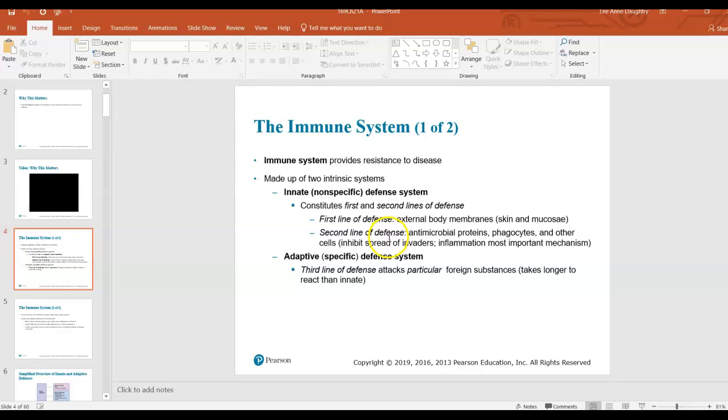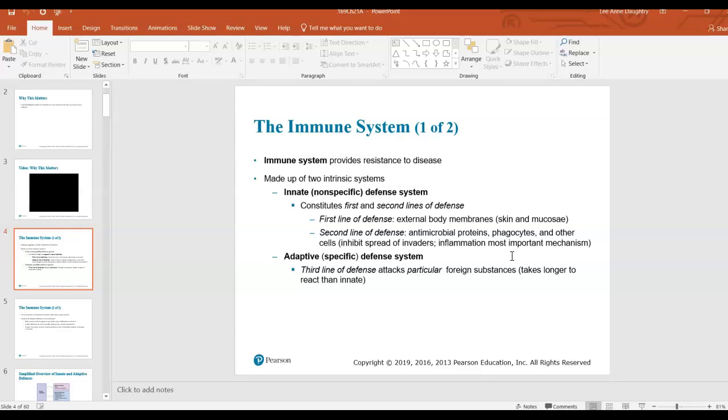The second line of defense in the innate or nonspecific defense system are antimicrobial proteins, and they reside in certain fluids, phagocytes and other cells. Phagocytes would be white blood cells like monocytes and neutrophils and basophils and eosinophils. Well, they're not all phagocytes. Neutrophils and monocytes are phagocytes, okay? But they are part of the innate defense system.